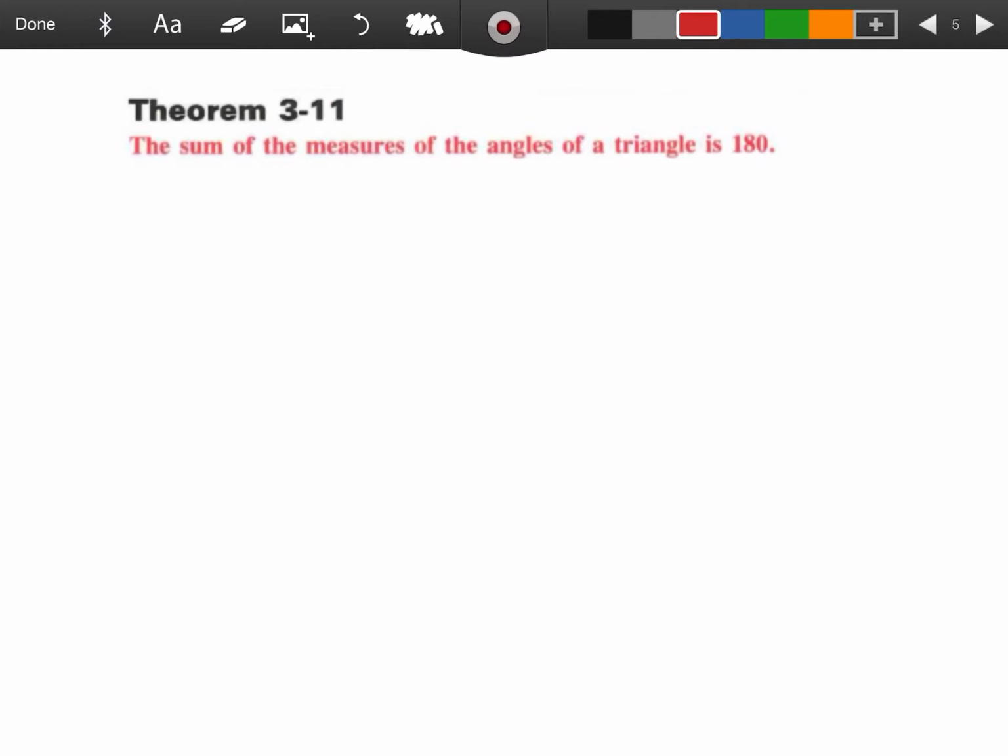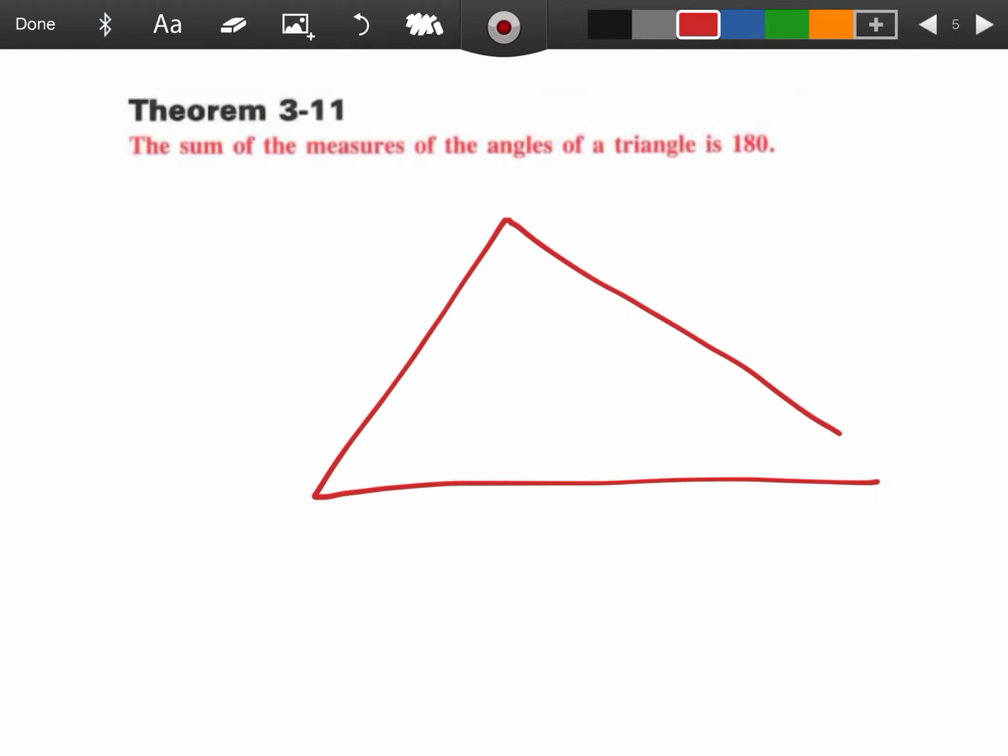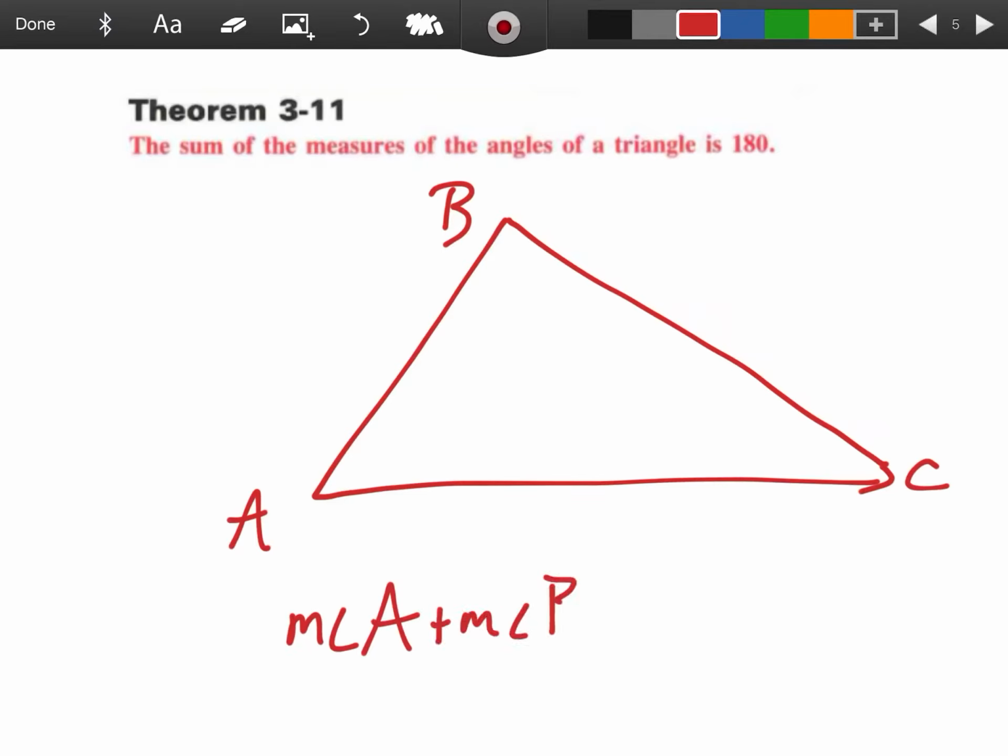So here's this big theorem. You have probably learned this before, but the sum of the measures of the angles of a triangle is 180. If I have angles A, B, and C, the measure of angle A plus the measure of angle B plus the measure of angle C is equal to 180.